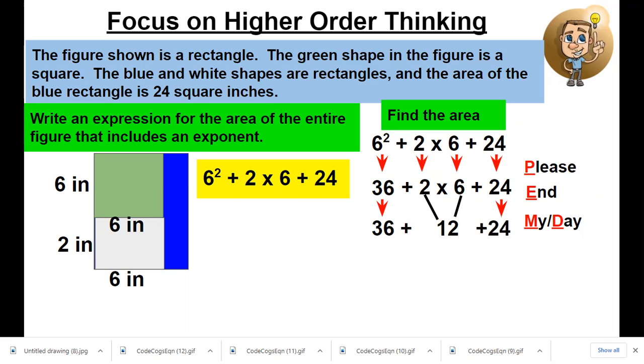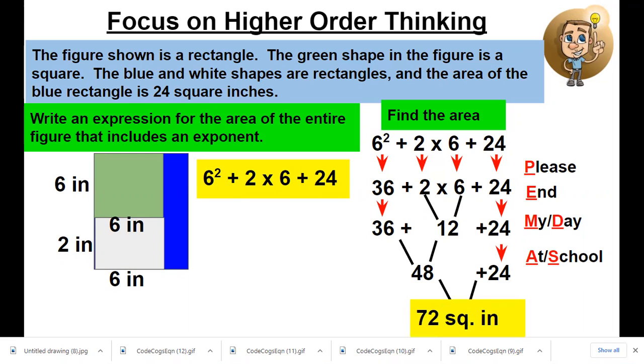And now we're going to do adding and subtracting, whatever comes first from left to right. So we're going to do 36 plus 12 first. It's going to give us 48, and then we bring down our plus 24, and then our last step is to do 48 plus 24. So 72 square feet is the area of that figure.